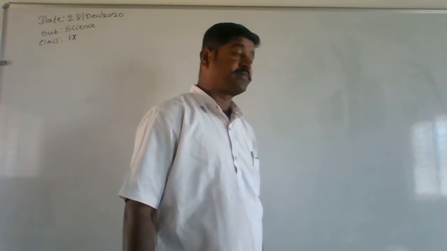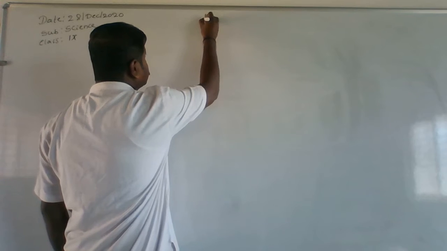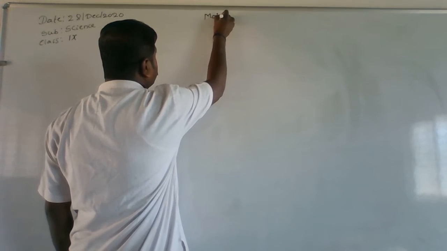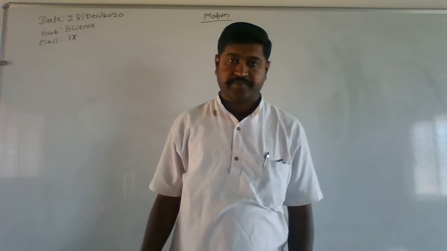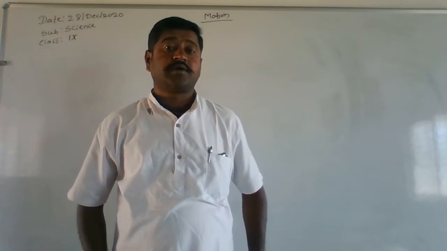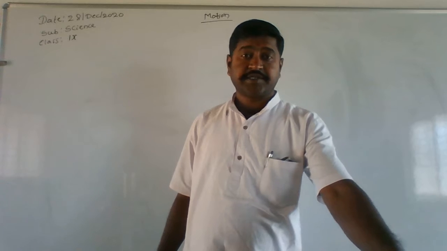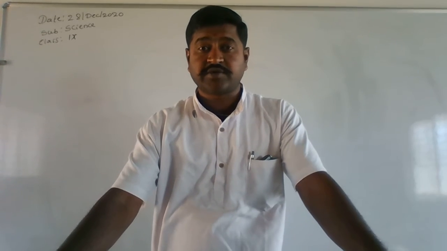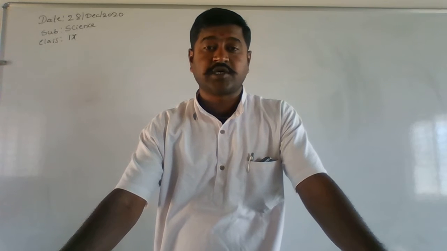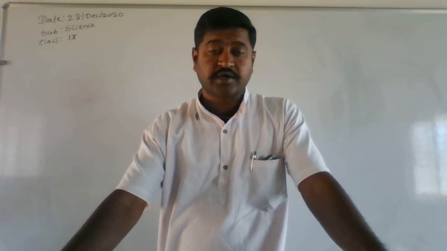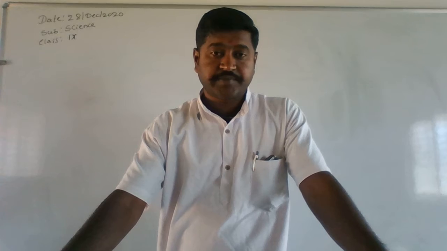Okay, coming back to the chapter motion. I think we have studied distance, displacement, velocity, and even acceleration in the previous class, right? And we have even solved some numerical problems on acceleration and velocity.